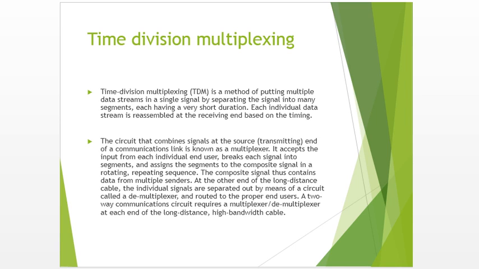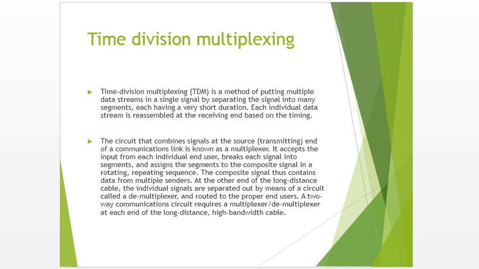Time division multiplex. Time division multiplex is a method of putting multiple data streams in a single signal by separating the signal into many segments, each having a very short duration. Each individual data stream is reassembled at the receiving end based on the timing.